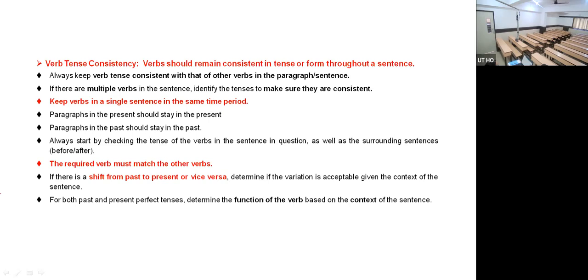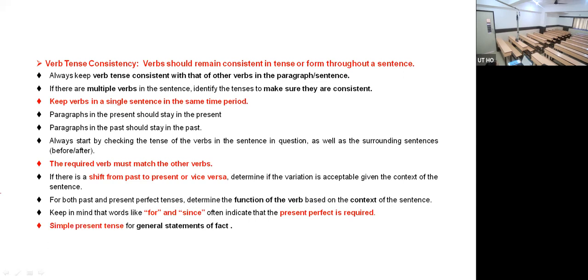Now, if there is a shift from the present to the past, then you have to see whether it is correct in the context of the sentence or not. The problem arises when we have for and since coming in. We saw the perfect tense is used when we have for or since.